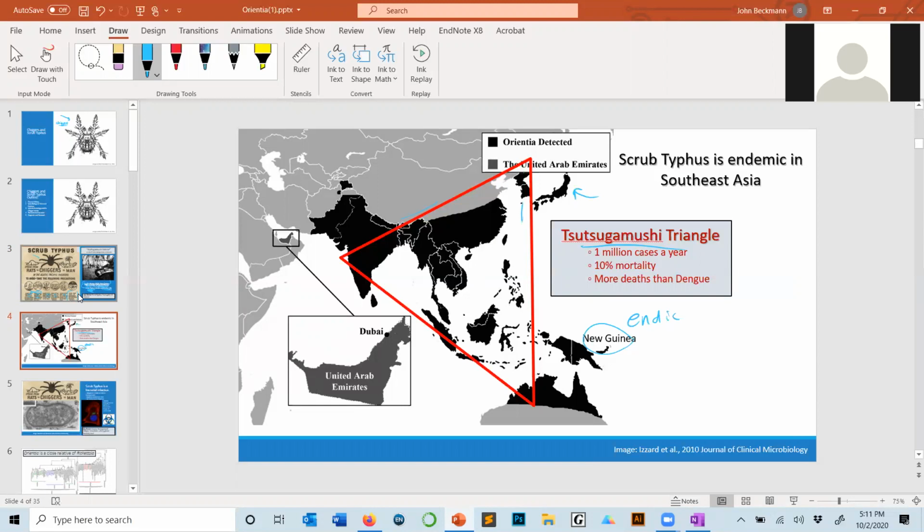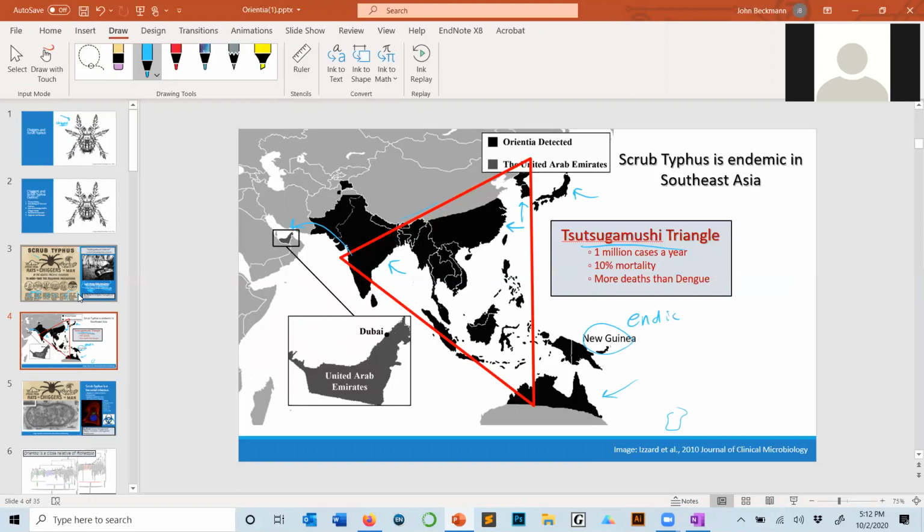Japan, the Koreas, tell me if I'm wrong, but China, Iran, and now it's expanding. You see these things pop up in different regions, even outside of this quote unquote triangle. Australia, what is New Zealand over here? So maybe New Zealand's not in the triangle. But this is the region of the world where you find this disease.